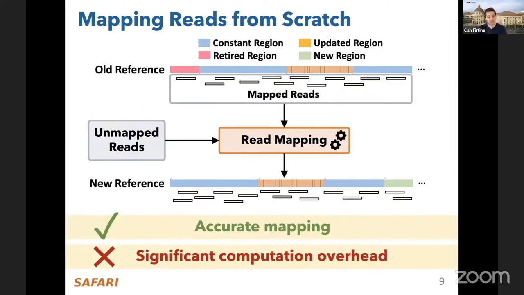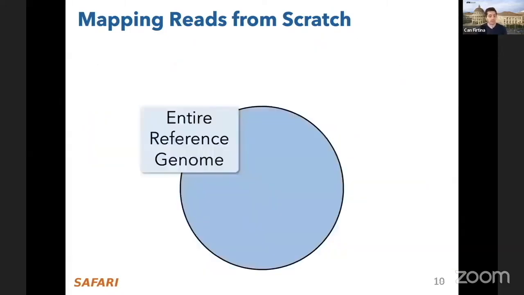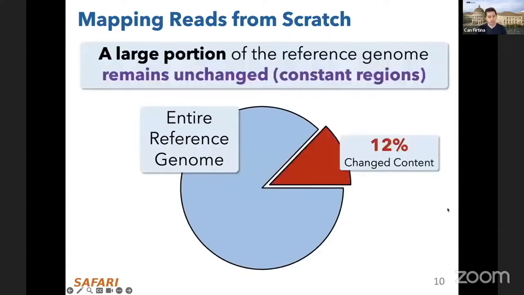However, this causes a significant computation overhead, and this is why. So you can assume that this is the entire reference genome. However, when we're updating the reference genomes, and when we're moving from old to new reference genome, what we see is that usually a 12% of the new reference genome is different than the old reference genome, or vice versa.